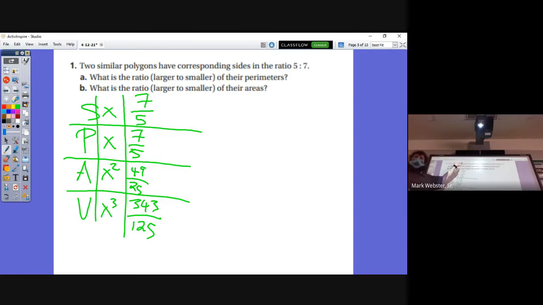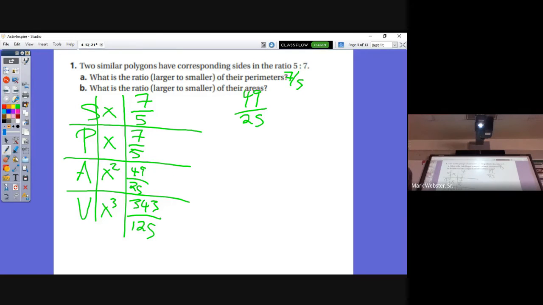But now look, we can just answer the question, right? What's the ratio of the perimeters? This one. What's the ratio of the areas? That one. Ta-da!